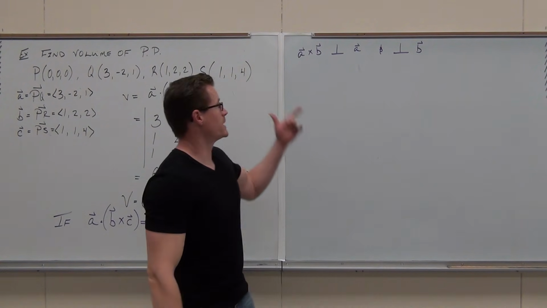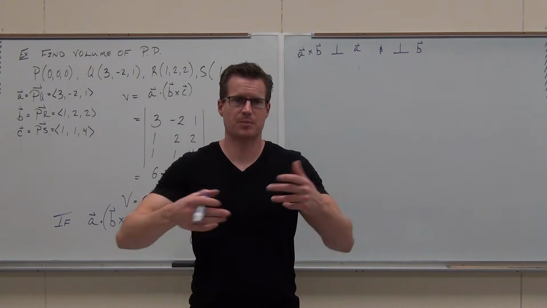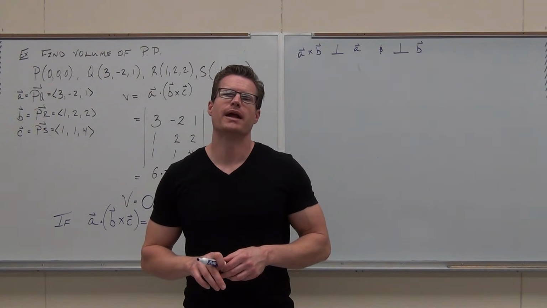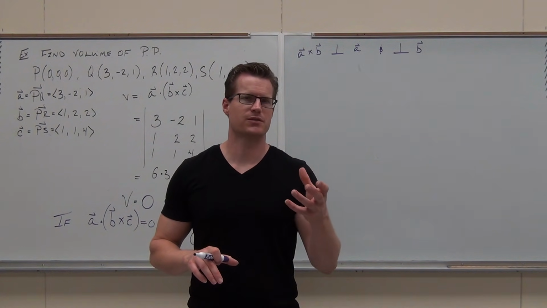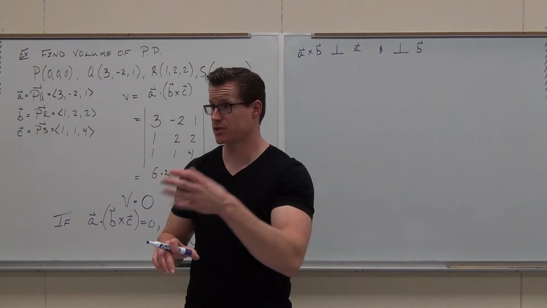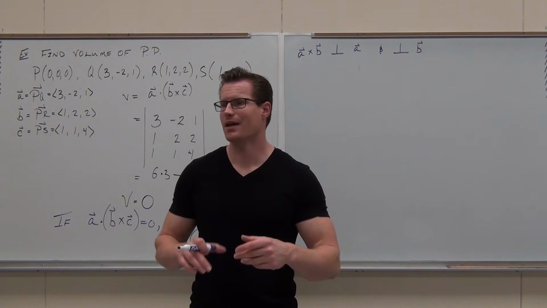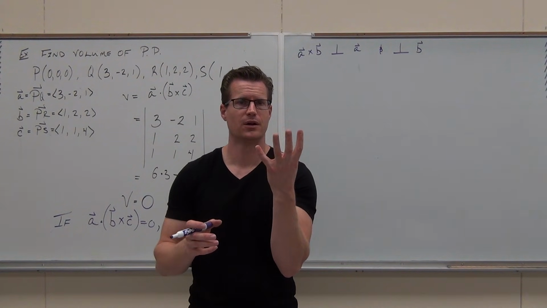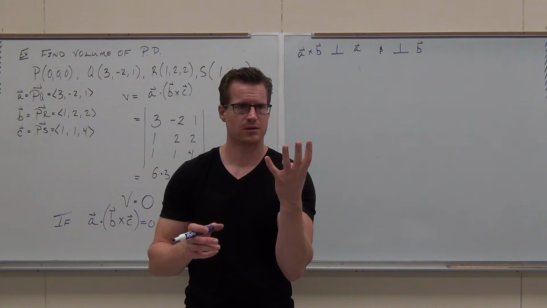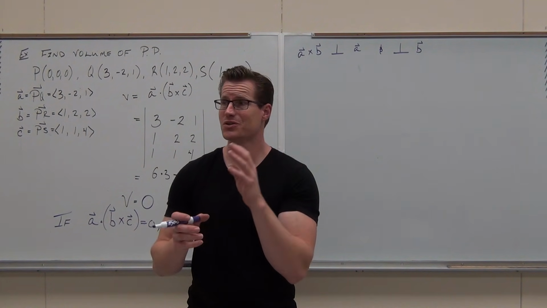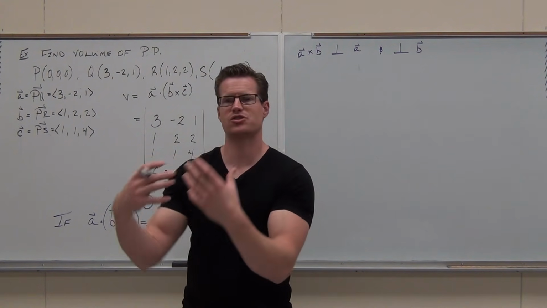A cross B is perpendicular to A, and it's perpendicular to B. What we're going to do right now, I'm only going to prove one case of this. I'm going to prove that A cross B is perpendicular to A, and you can use the same method to show B, and then you can do B cross A with A and B cross B with B. It's a 4-case scenario. Does that make sense to you? Are you guys alive? Yeah. Okay, so we're going to do just one case, and you can extrapolate from there.